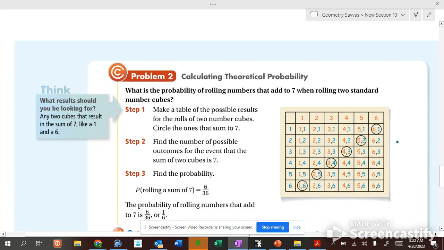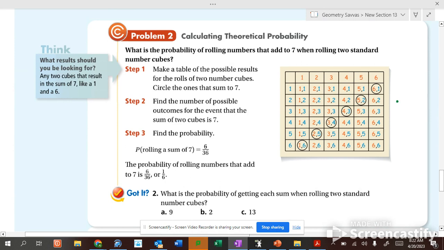So, if I roll 2 die, if I roll 2 at a time, I could get a 1 and a 1, or a 1 and a 2, or a 2 and a 1, and so on. How many different possibilities do I have when I roll 2 die? 36, 6 times 6.